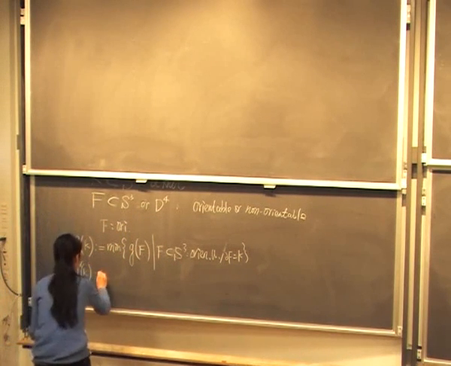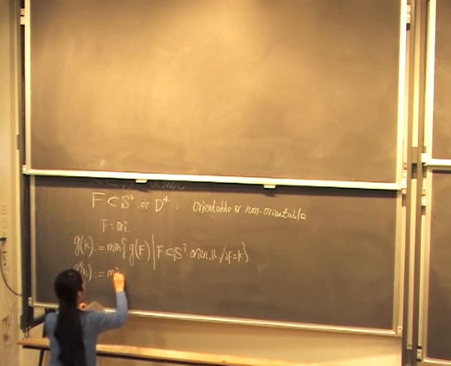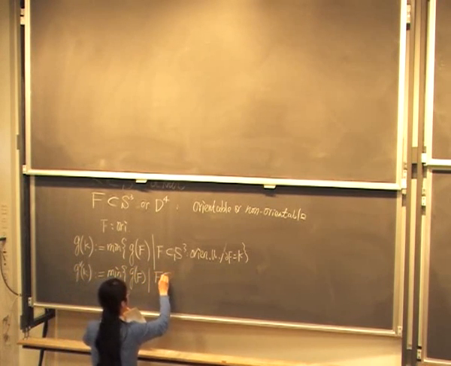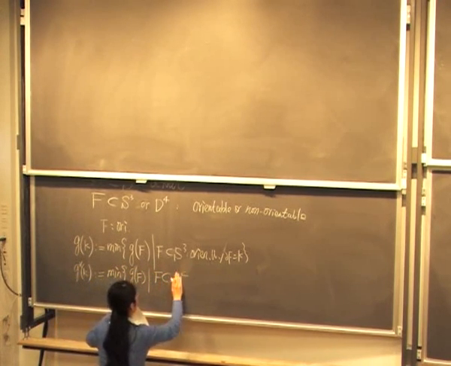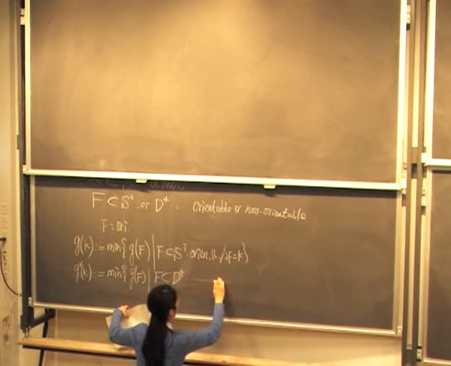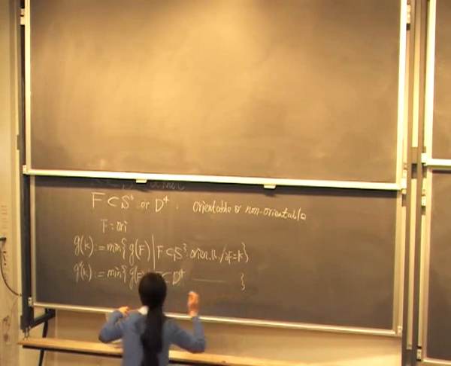We denote it by g star of K, the minimum genus of F, where F is in D4, sorry, I should use D4. And here the same, orientable with the boundary K.